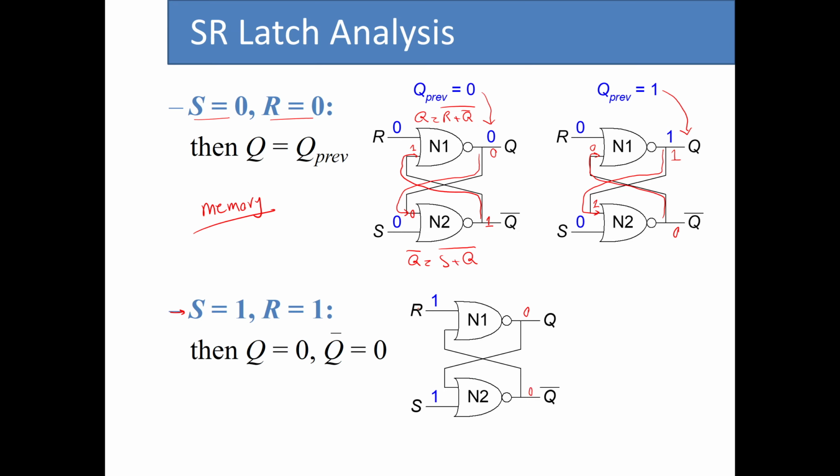So when both R and S are 1s, the outputs for Q and Q bar become 0. You can follow the path of the signal both for this one and this one to verify that this state remains. As long as S and R are both 1s, the outputs are going to be 0 for both Q and Q bar.